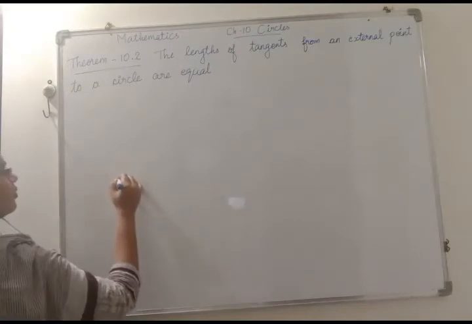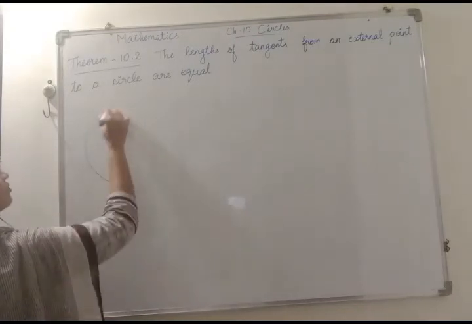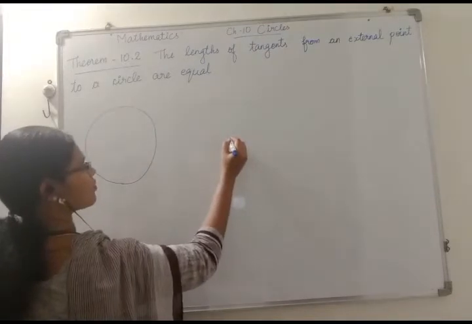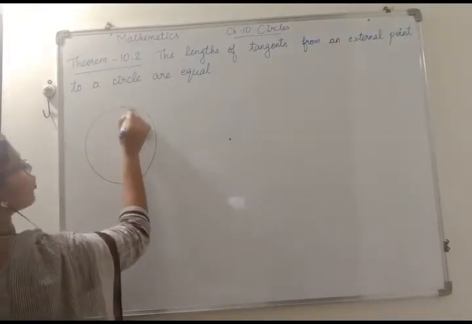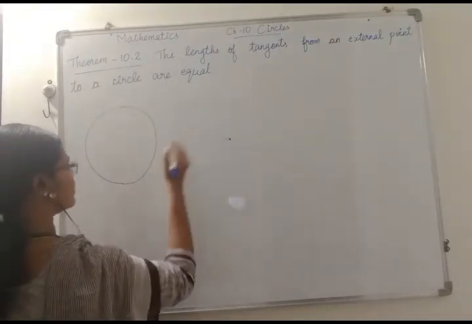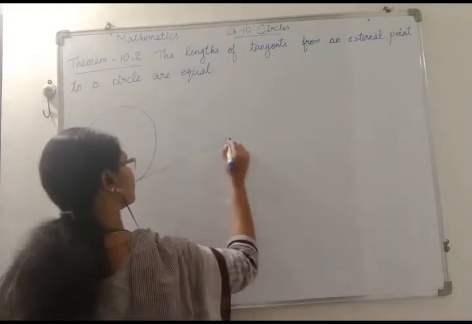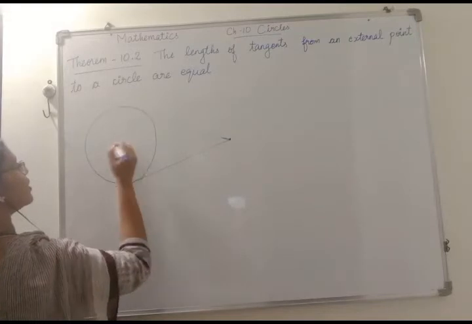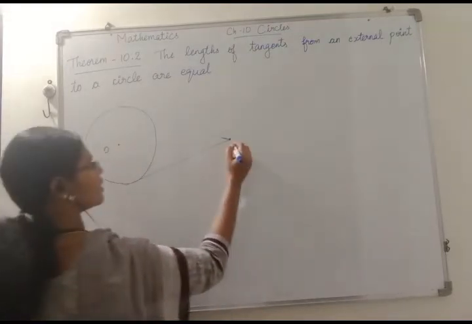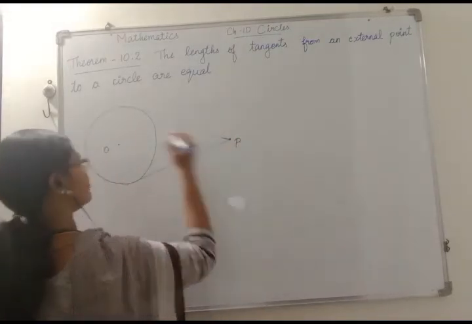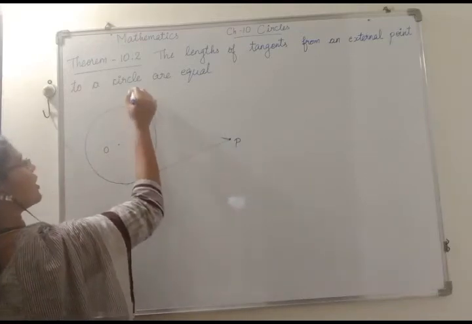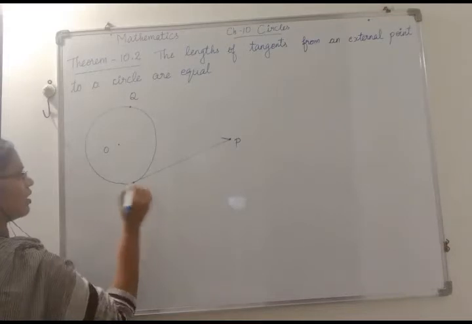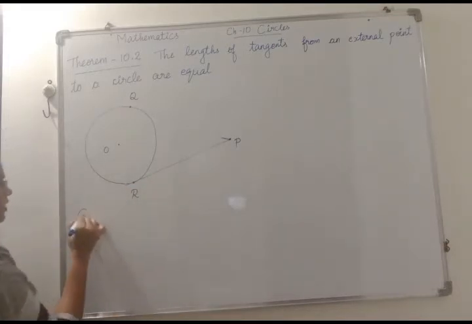So, first of all, we are going to take a circle and then an external point. We are going to join the tangents from this point to the circle. Circle will have center, let's say O. This is P, with the points of contact, let's take them to be Q and R. Okay. So what is given for us?